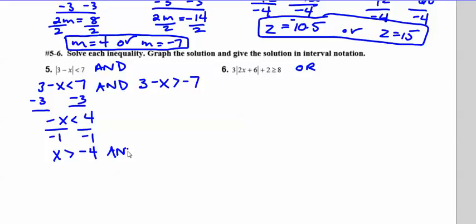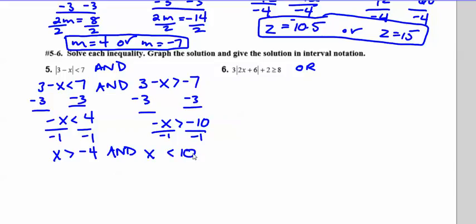And subtracting 3 on both sides, negative x is greater than negative 10, divide by negative 1, and that means I need to flip my inequality, so x is less than 10. So x is both greater than negative 4 and less than 10, so I need both of those numbers on this number line.